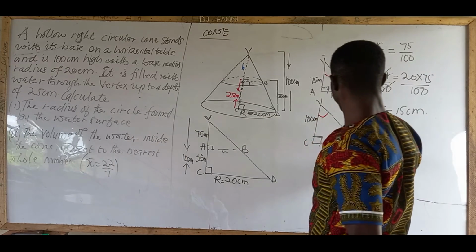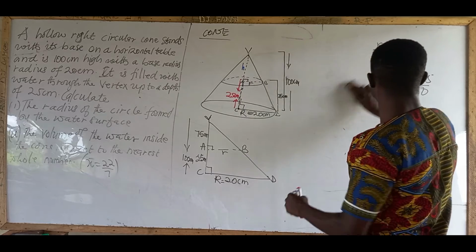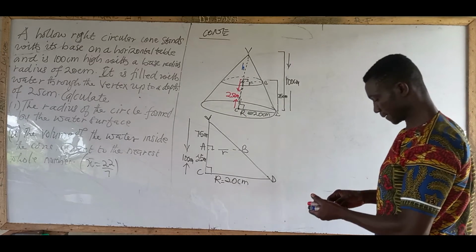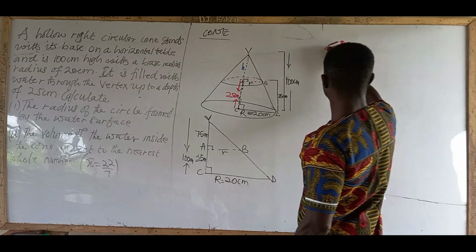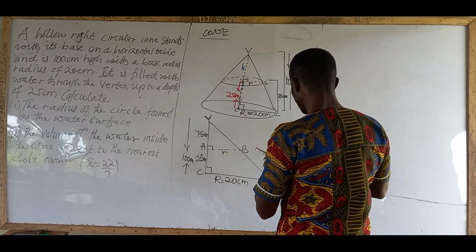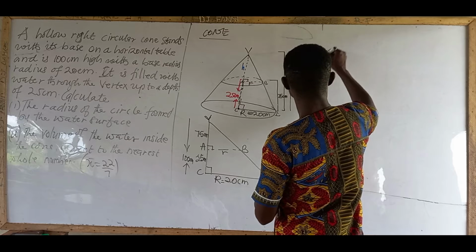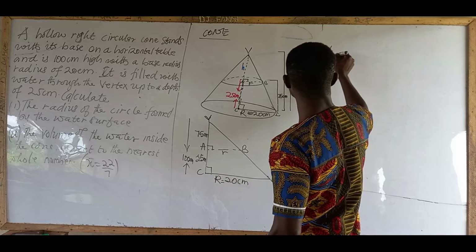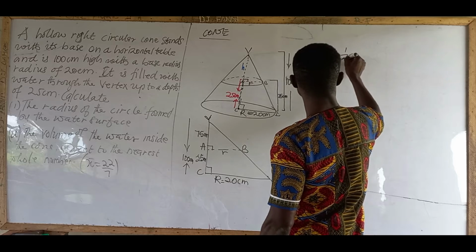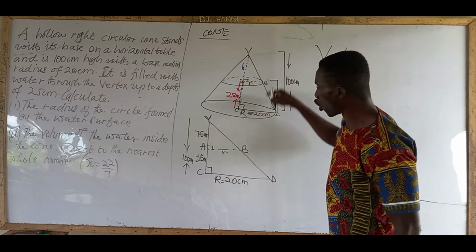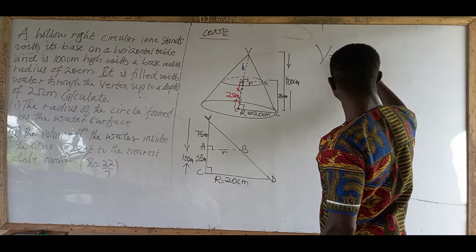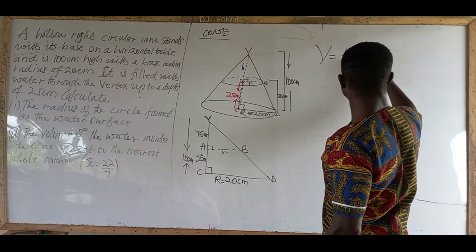So I can clean this one. Since we have been able to calculate our radius, and our radius is 15 centimeters, the volume of the water inside the cone will be, because I'm calculating the volume of the whole cone, 1/3 pi r squared h.